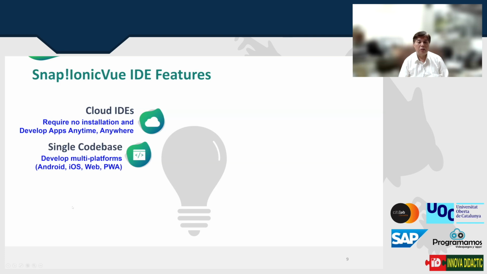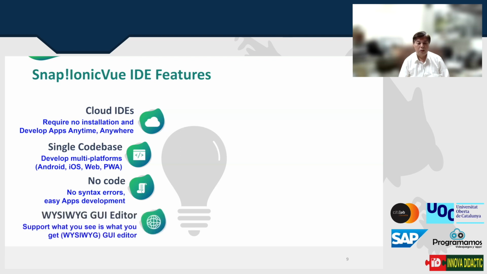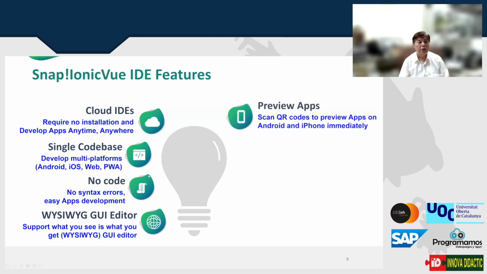With one single code, you can design your Android, iOS, and web at the same time. It uses Snap and our GUI editor, so there's no syntax error. And we have a what-you-see-is-what-you-get GUI editor, which is much easier for you to design apps and web. And you can preview your design by just scanning a QR code.